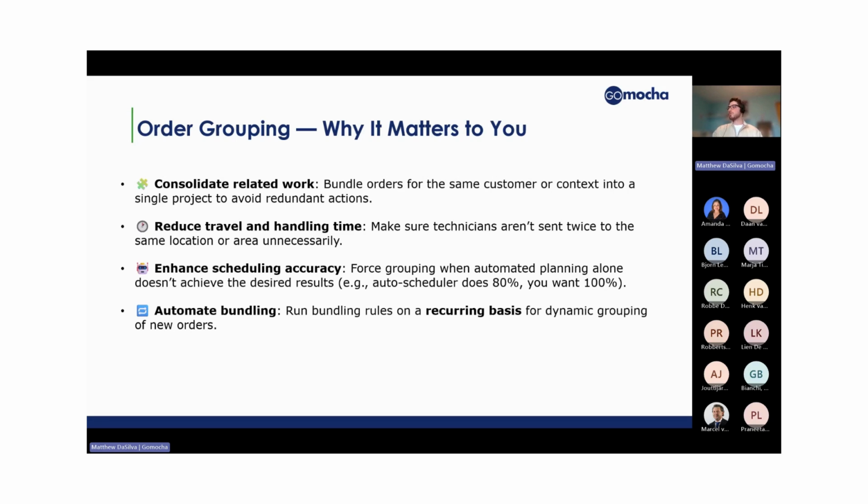It makes sure the technicians aren't sent twice to the same location or area unnecessarily. For example, if you have a couple of customers located in the same area and you need to do maintenance for all of them, this feature will group the orders into a project, and then the technician goes and executes the orders one by one, and the travel time is only once.